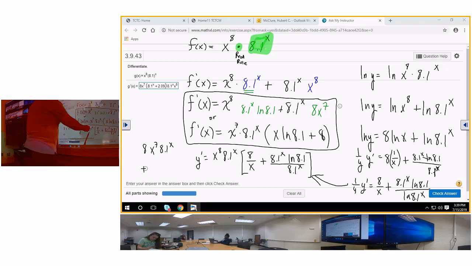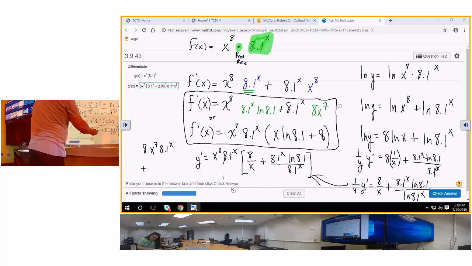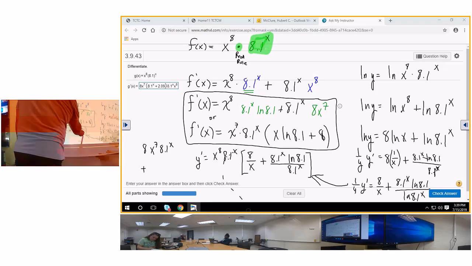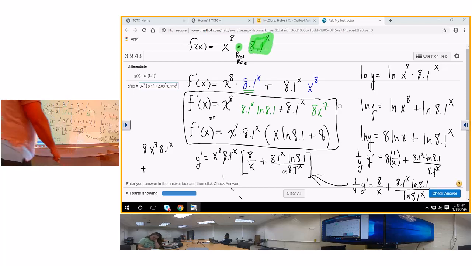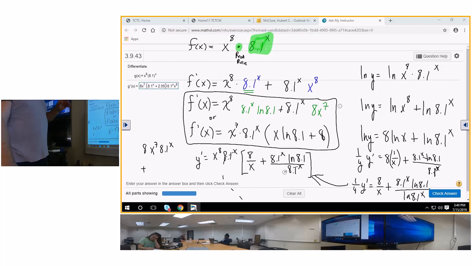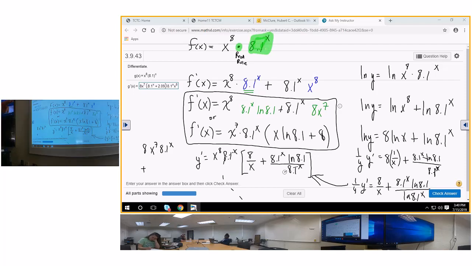So I'm just going to draw a little line right through there. And that's basically going to leave x to the 8th times 8.1 to the x natural log of 8.1.